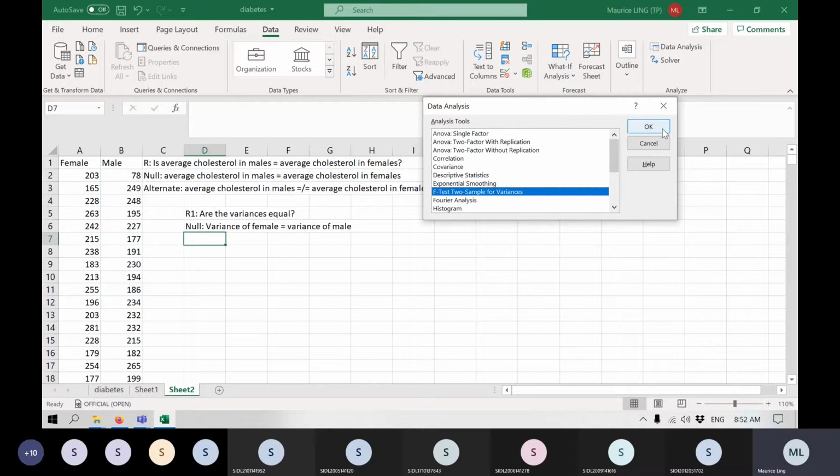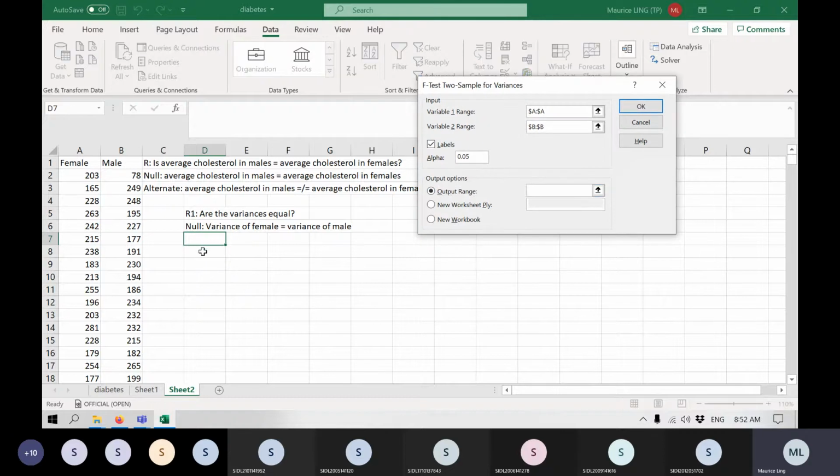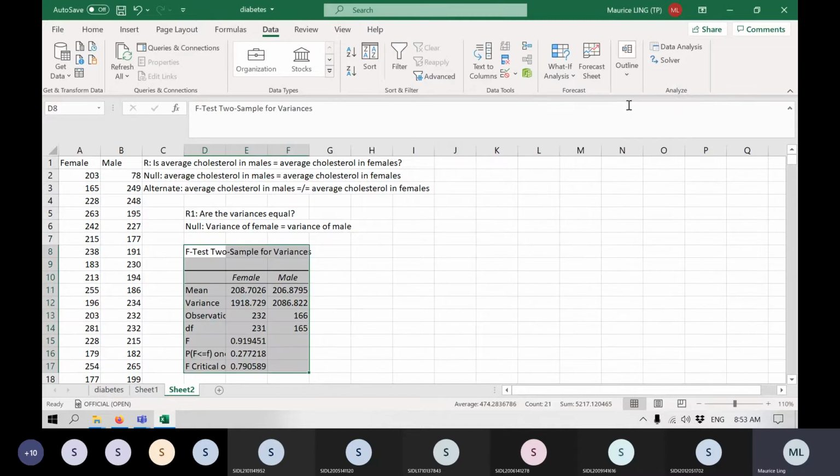Okay. So you click on that. Now input one range, you highlight the female. Input two range, you highlight the males. Okay. Then labels, you click on the labels, because we highlighted the labels as well. Okay. So output range, just go to the empty cell here, then click OK.